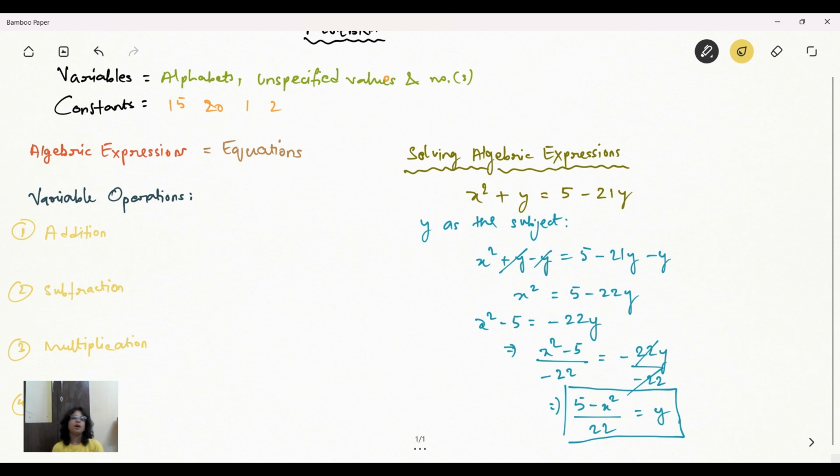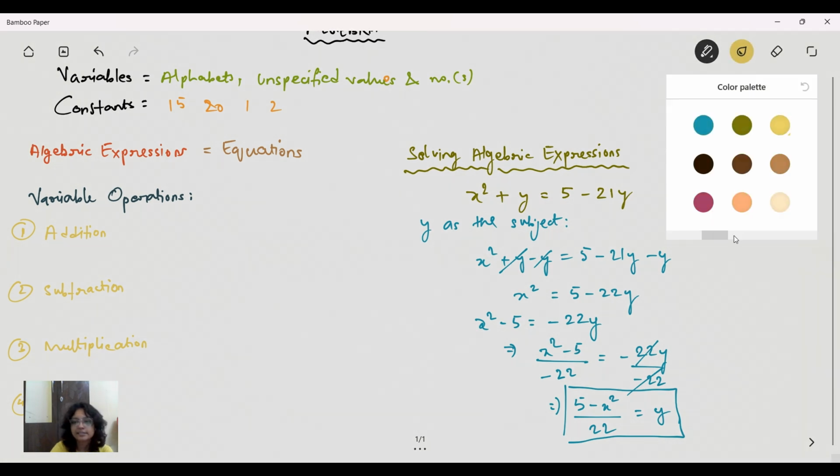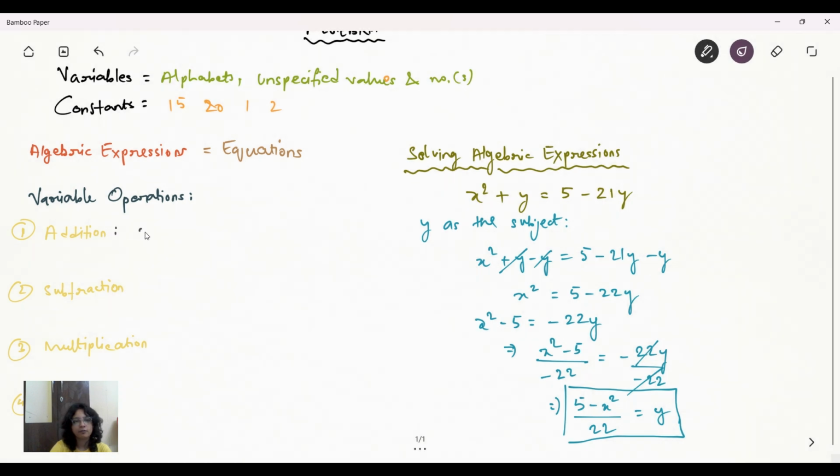Okay. Now there are certain rules for the variable operations. For understanding these, let us consider two variables. Let the two variables be x and y. Since they are two different variables, that means two different alphabets, we are representing two different variables.